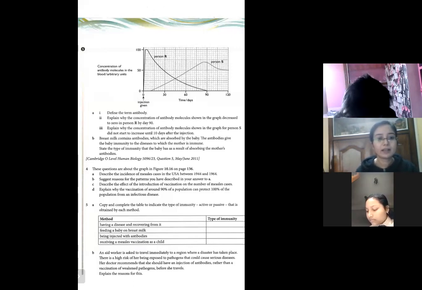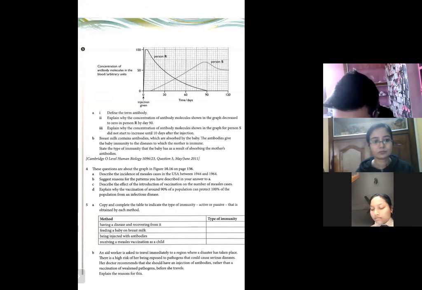Breast milk contains antibodies which are absorbed by the baby. The antibodies give the baby immunity to the diseases to which the mother is immune.